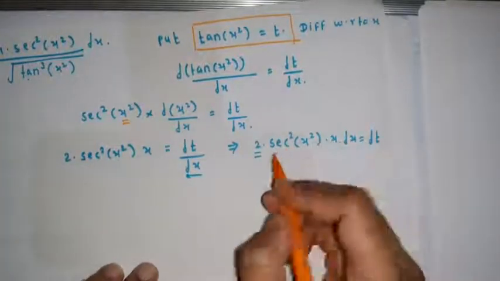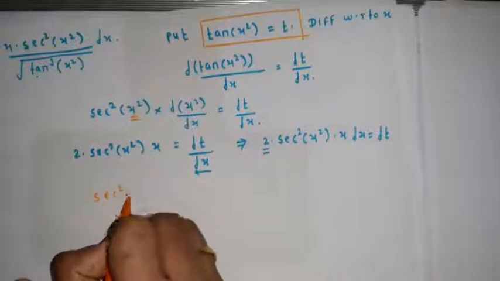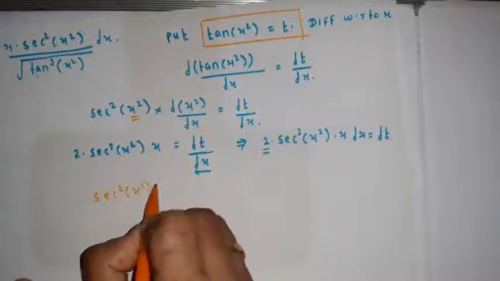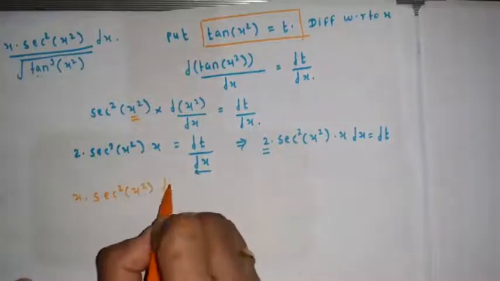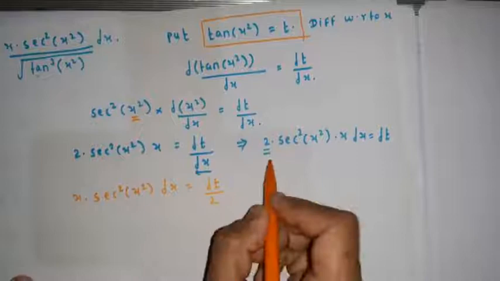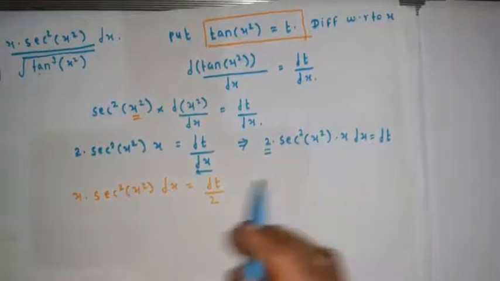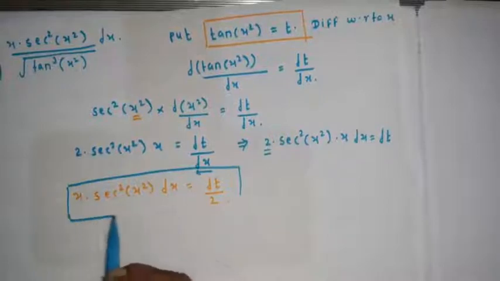We get sec square x square into x dx equal to dt by 2. We have shifted the 2 to that side, and this is the value in this way.